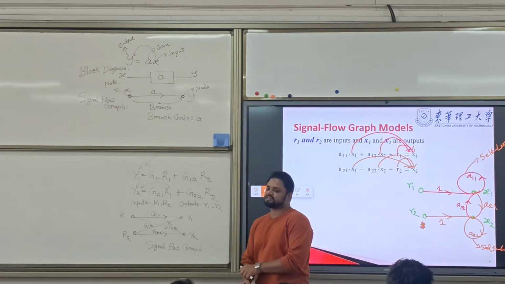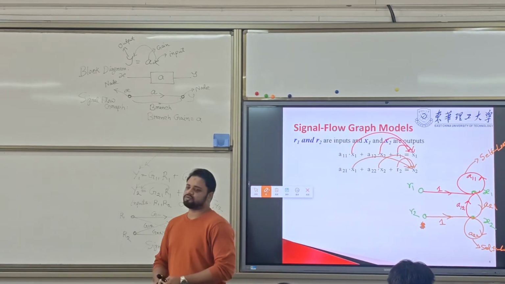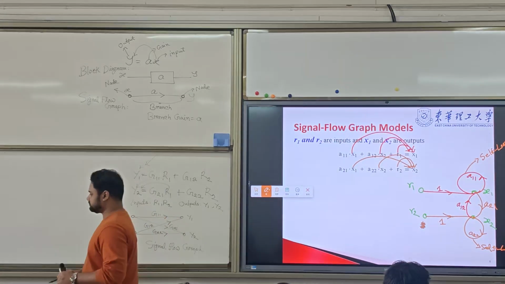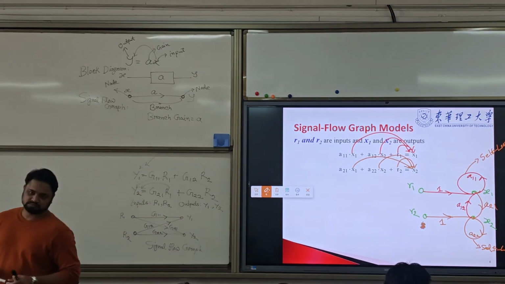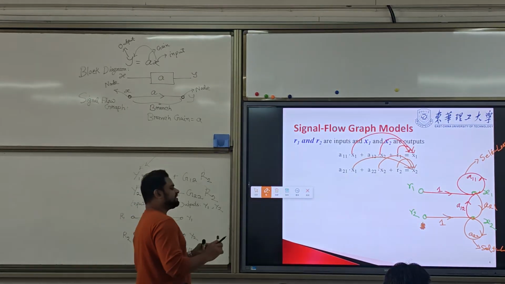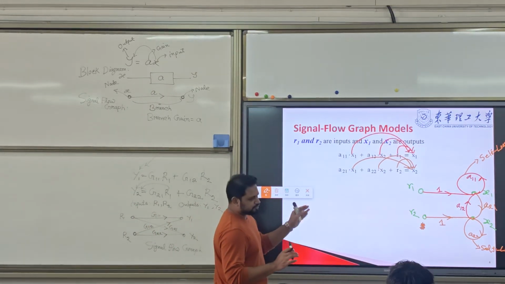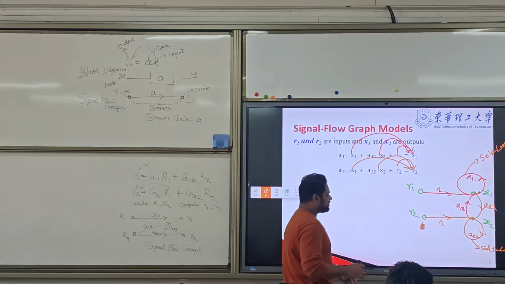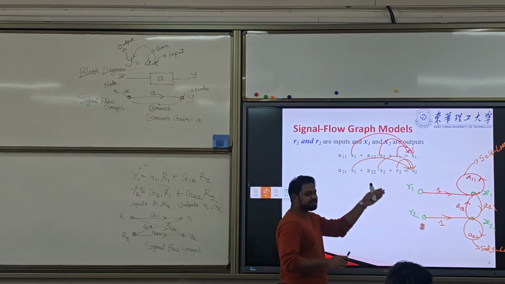That's how we draw the signal flow graph for different equations. Understood? This part is much easier, but later on we will have a complicated one. These are very simple equations.